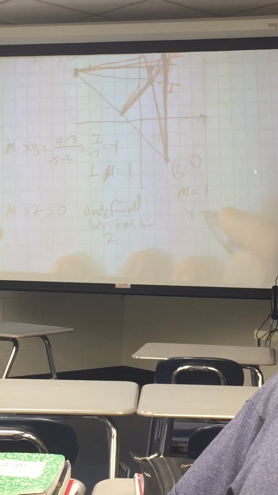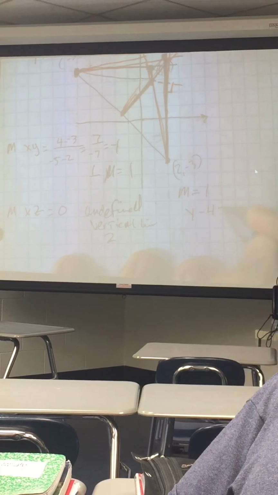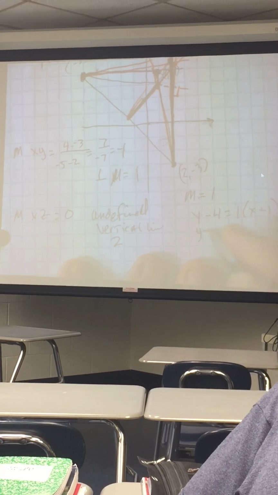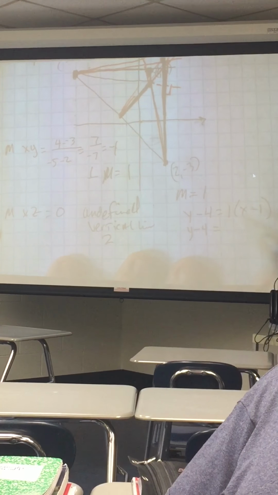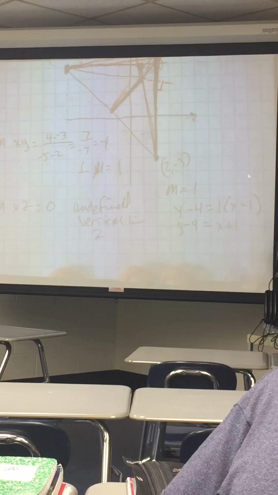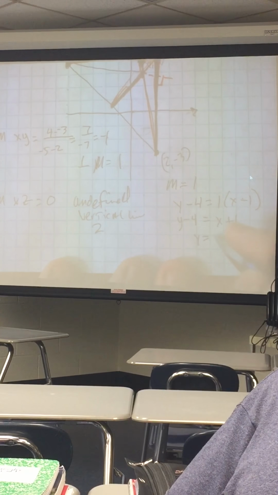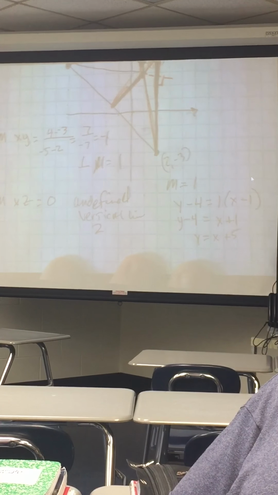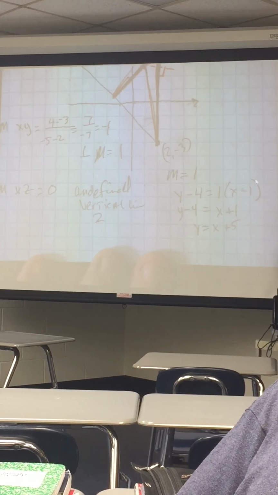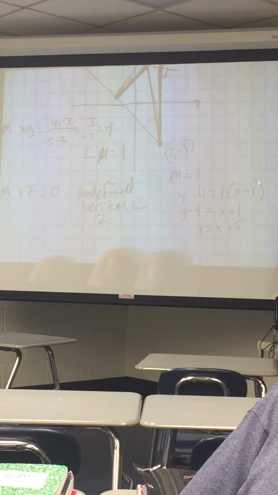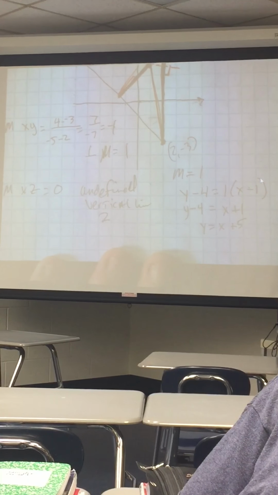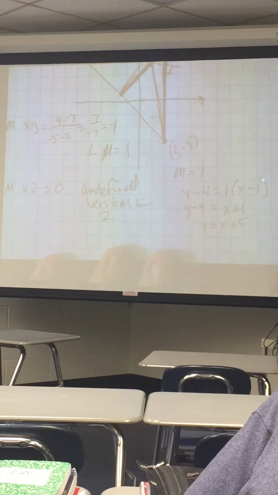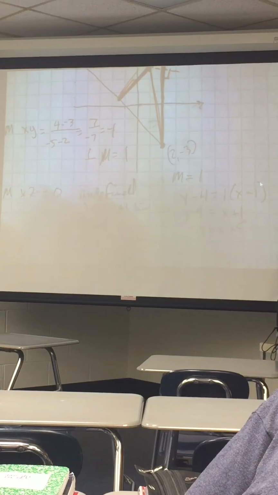So y minus 4 is equal to 1 times x minus 1. Clean that up a little bit. And so y is going to equal x plus 5. All right, well, we know what our value is, and we end up with a point of 2, 5 for our coordinate.